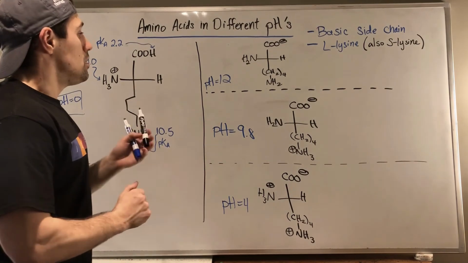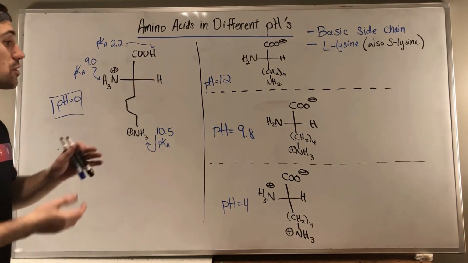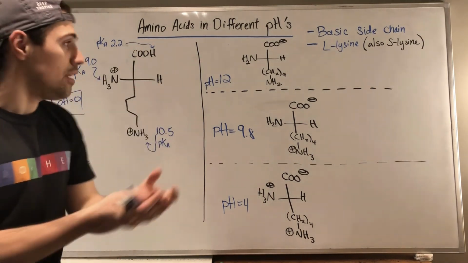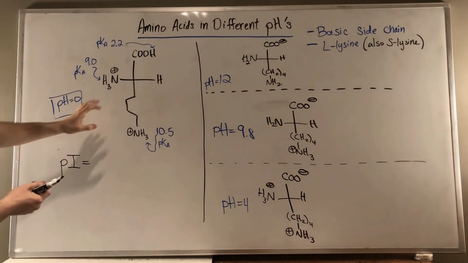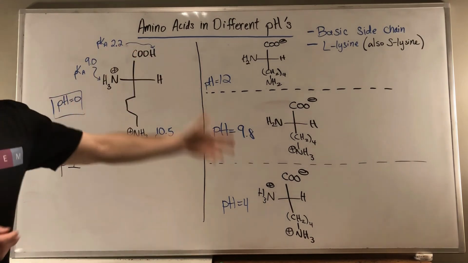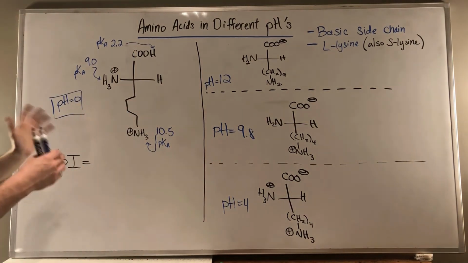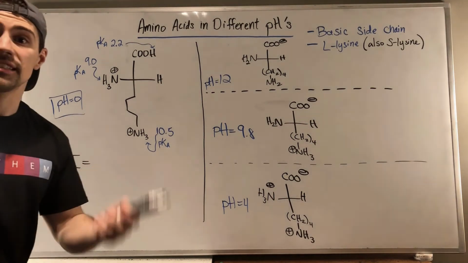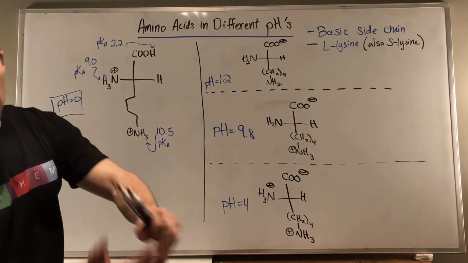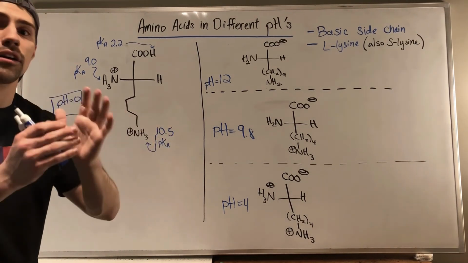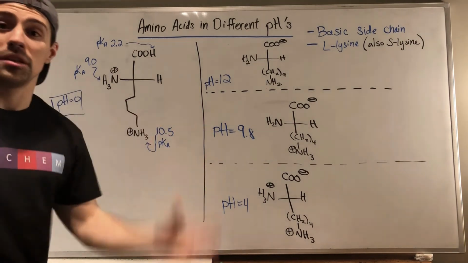Okay, so at this point, for the isoelectric pH, we need to find the sweet spot where this is still positive, but this has been deprotonated, if you will. So it's the protons that matter, right? With the acidic side chain, it was the 2 lowest because we knew we were going to have the 1 charge always there, and we needed to figure out where we were going to maximize the point where we were neutral.